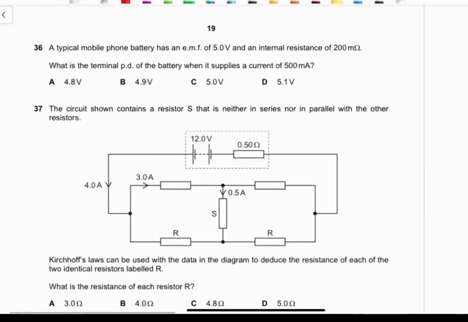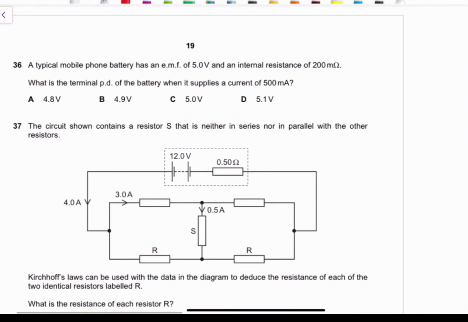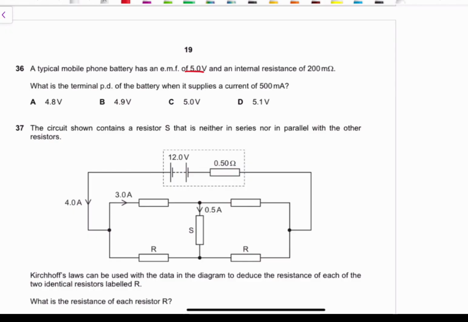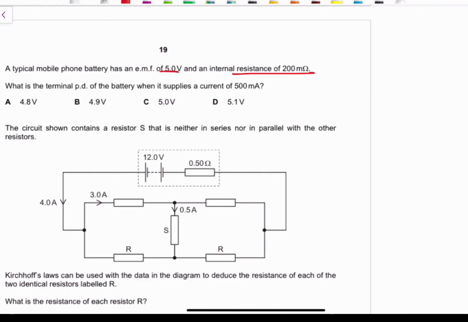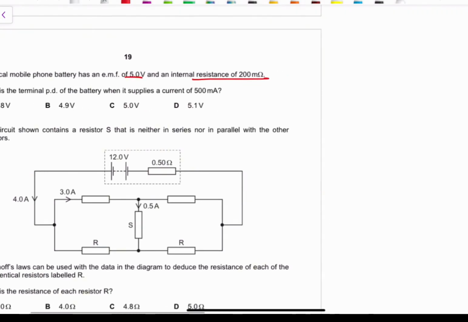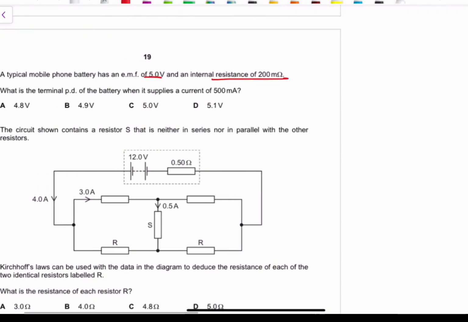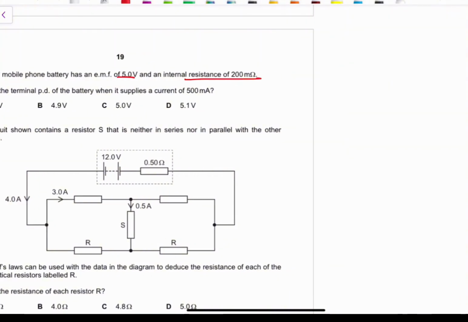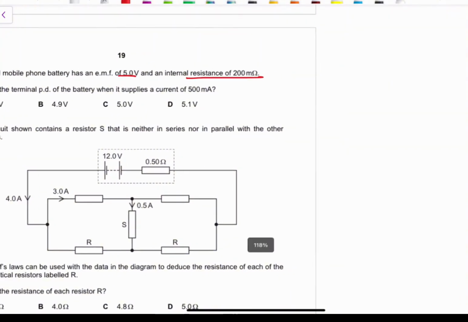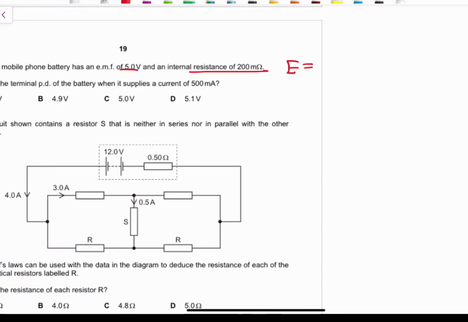Move on to question 36. A typical mobile phone has an EMF of 5 volts and internal resistance of 200 mega ohms. What is the terminal PD of the battery when it supplies a current of 500 milliamps? Okay. We know that E is equal to V lost plus V terminal.